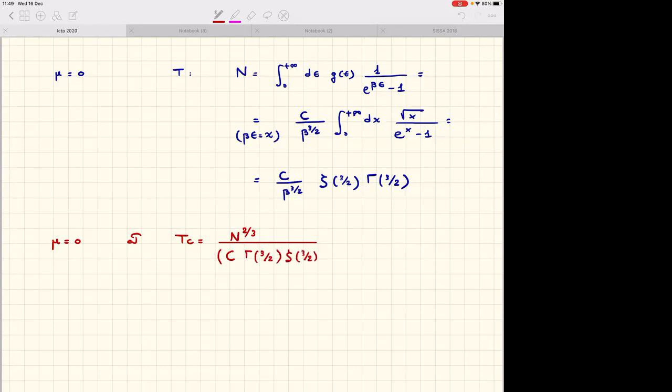Zeta is the Riemann zeta function, 2/3. Okay? So at this temperature, the chemical potential is equal to 0.